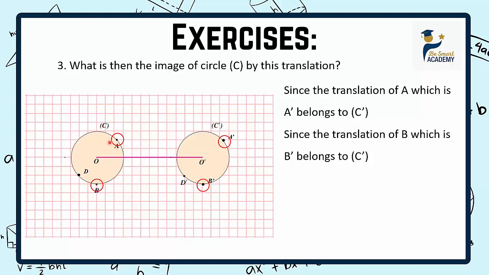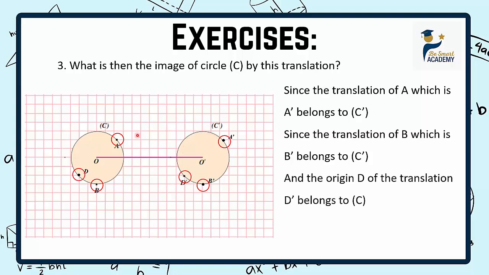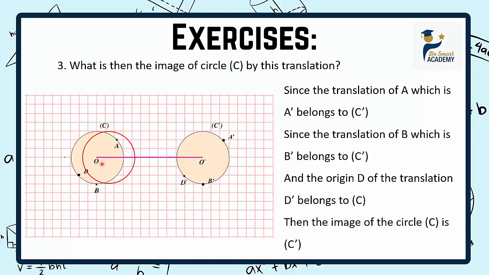So B belongs to C and B prime belongs to C prime. And D prime, which belongs to C prime, originally came from C. So if we move those 3 points, A, B, D, we would end up with A prime, B prime, D prime, which are points on C prime. So the translation of C would be C prime.